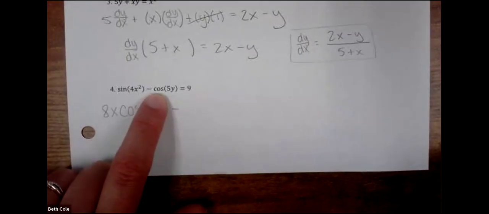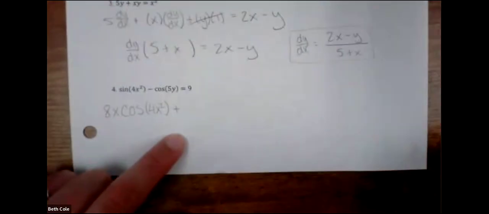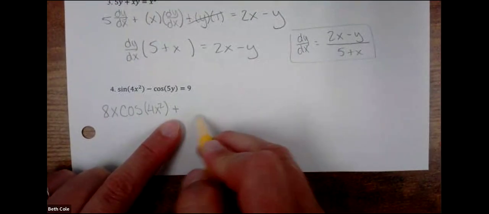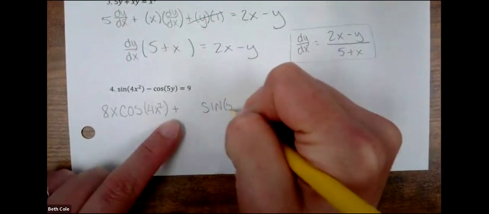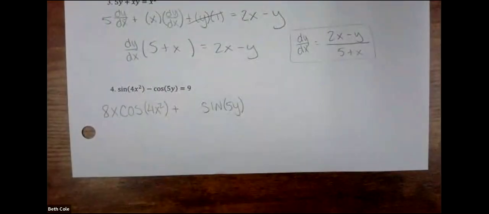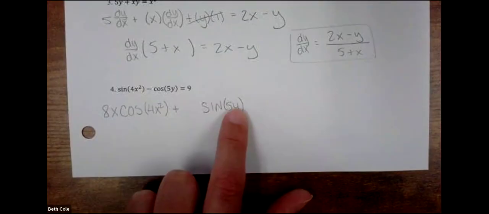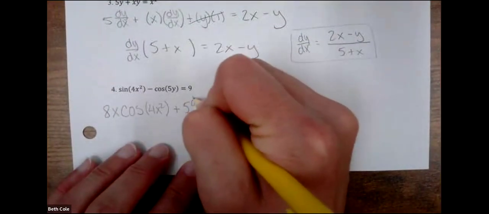All right, minus derivative of cosine, negative sine. Okay, so the negatives are going to cancel. It's going to be plus. I'm going to leave a little gap because I'm going to do the same thing I just did and put this out front of sine. All right, so sine of 5y. And then you have to chain on, but I'm going to put it in the coefficient spot. Derivative of 5y would be 5 dy dx. Perfect.